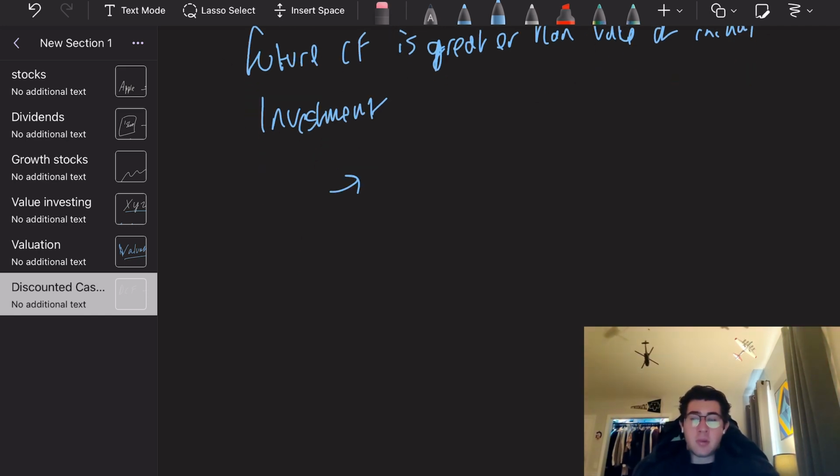And the way you interpret this is, is the money the investment is likely to generate in the future greater than what will be invested right now?